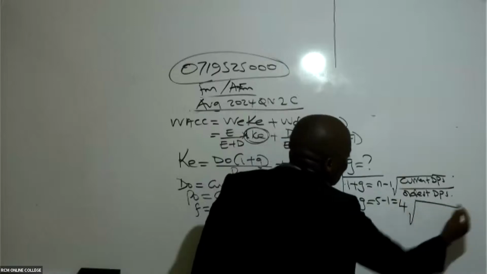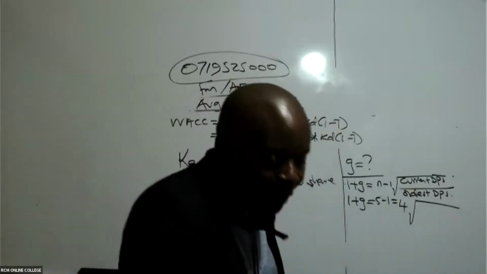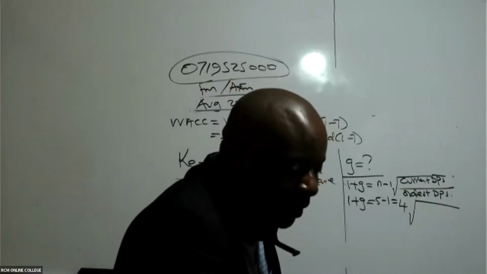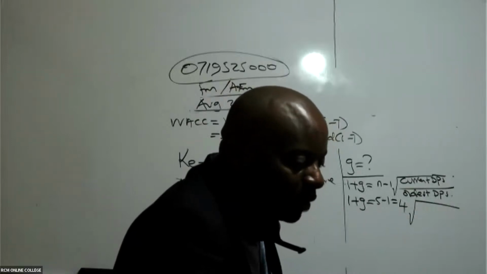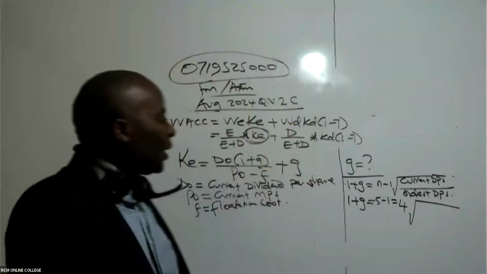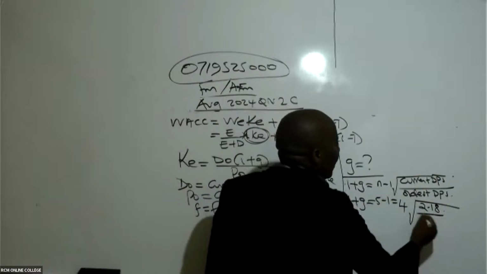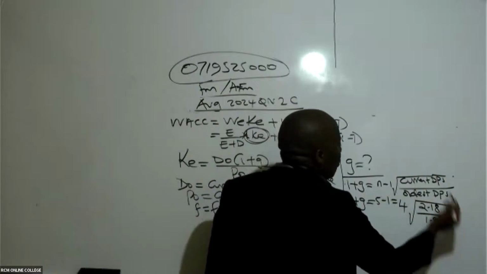So it will be the fourth root of the current dividend. Looking at your dividends table, 2023 is the most current year, and the current dividend is 2.18. The oldest is 1.94. So you take 2.18 divided by 1.94.